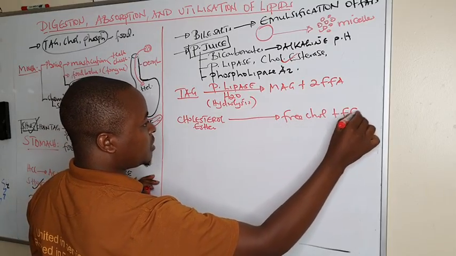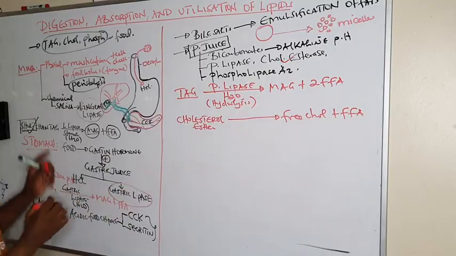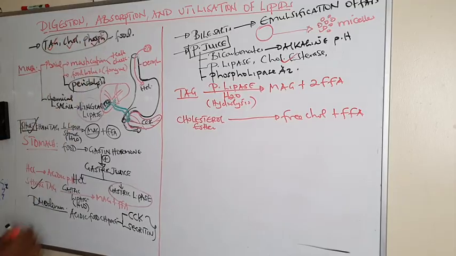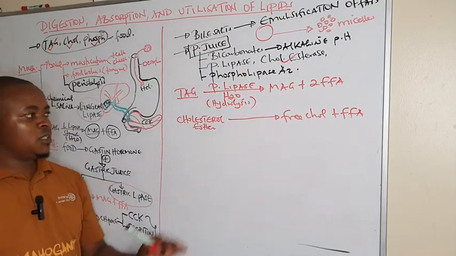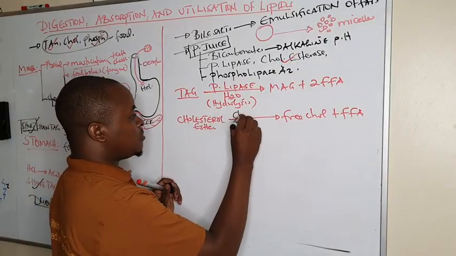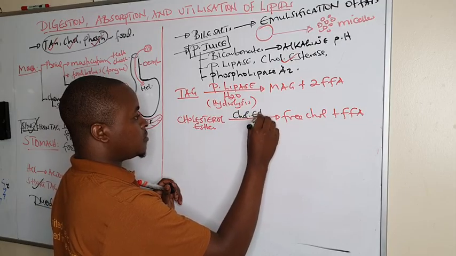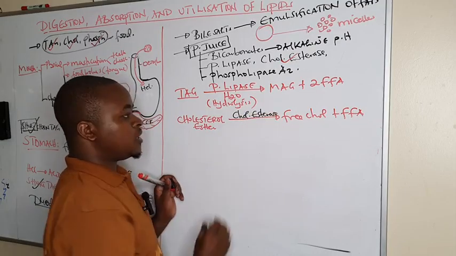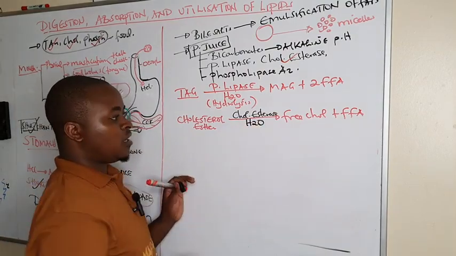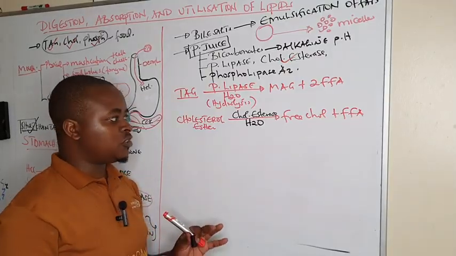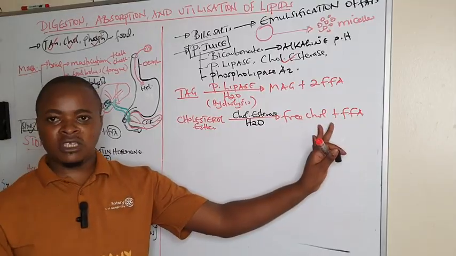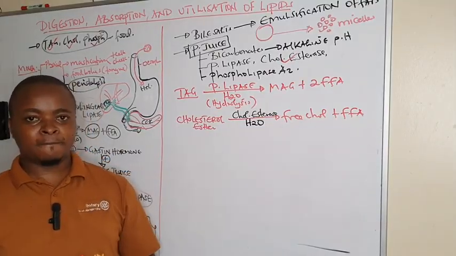plus free fatty acids. Because the food we take contains triglycerides, cholesterol, and phospholipids. So the cholesterol ester is acted upon by cholesterol esterase, or you can call it hydrolase. It acts in the presence of water, so it is still a hydrolysis reaction whereby it breaks the ester bonds, forming free cholesterol and free fatty acid.